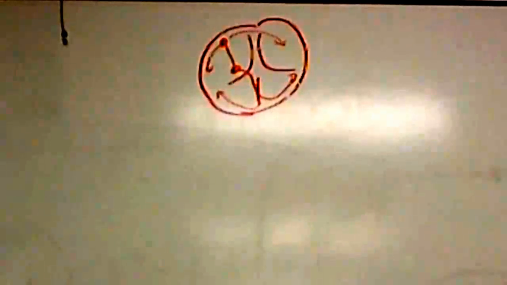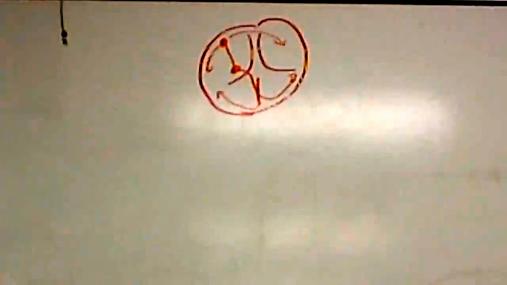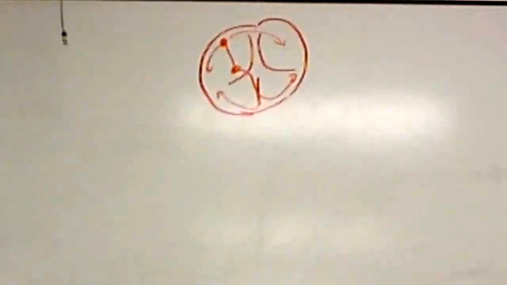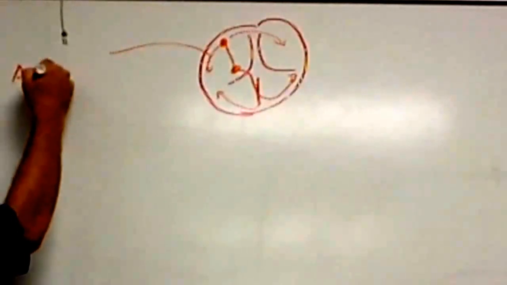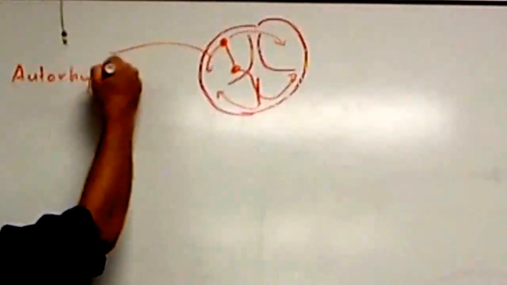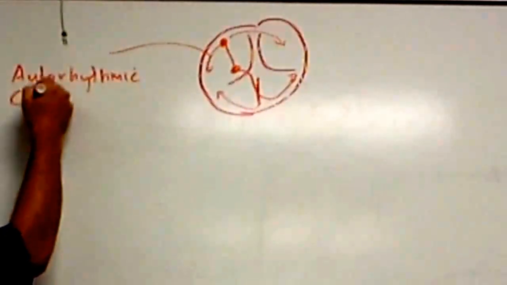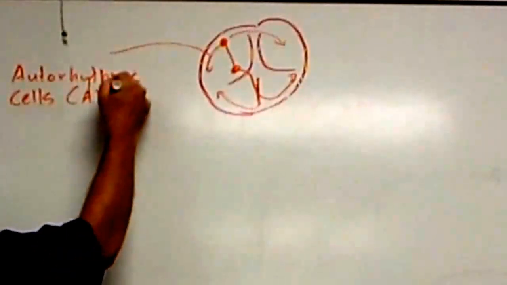There's no nerves in your heart, but there's certain muscles that conduct electricity better, and these are called autorhythmic cells. Or they're shortened to AR cells.